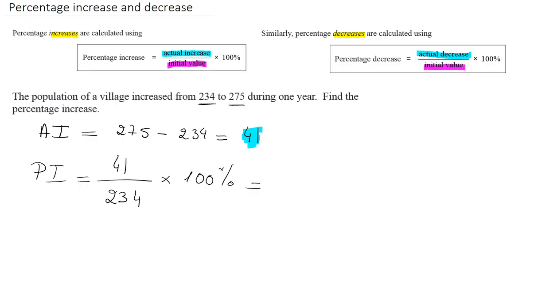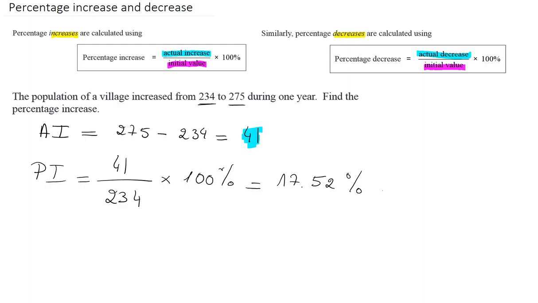And you should get 17.52136 and so on. I'm just going to round to two decimals, it's going to be way easier. Since the next digit is a 1, this just stays a 2. So your percentage increase is 17.52%. So the population of this village increased by 17.52% in 1 year. So that is your percentage increase.